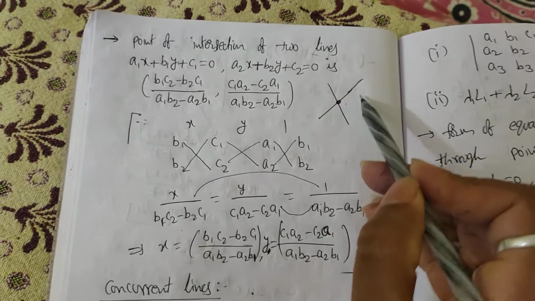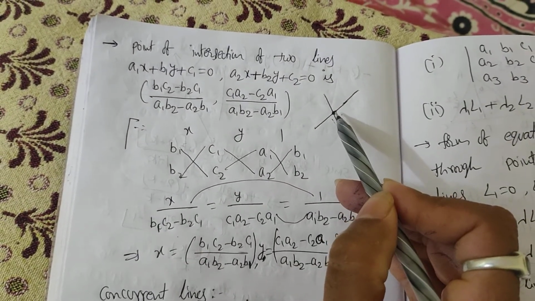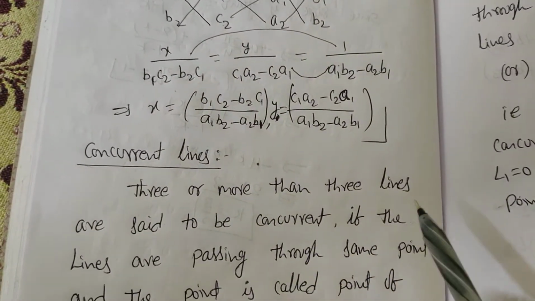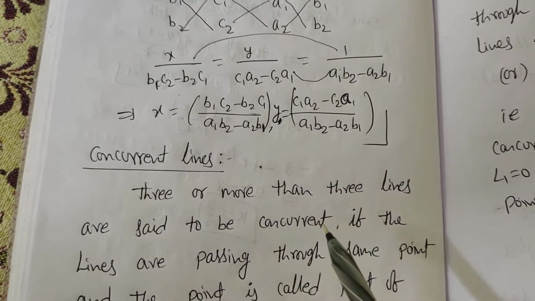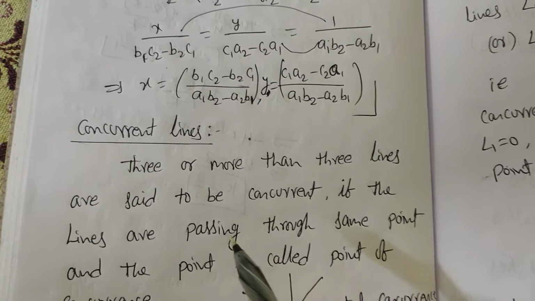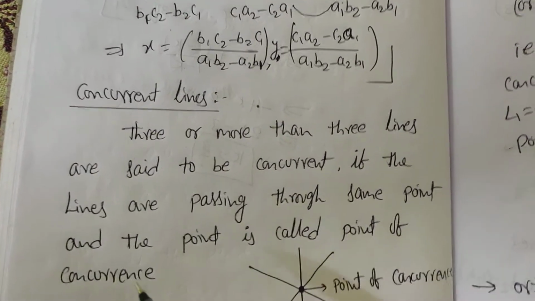Whenever two lines are intersecting, that intersecting point is called the point of intersection. Three or more lines are said to be concurrent if the lines are passing through the same point, and the point is called the point of concurrence.